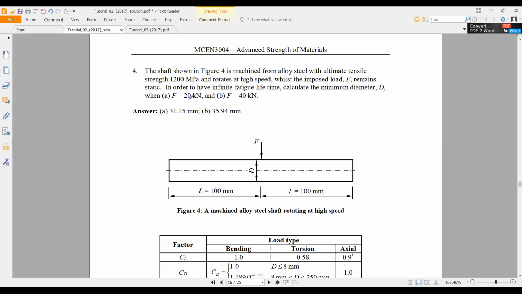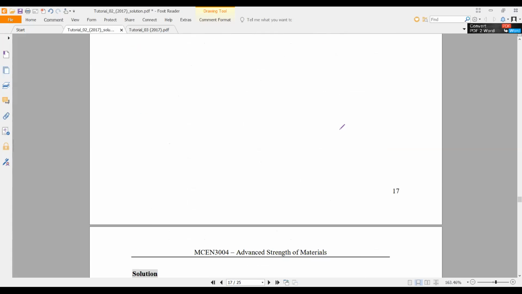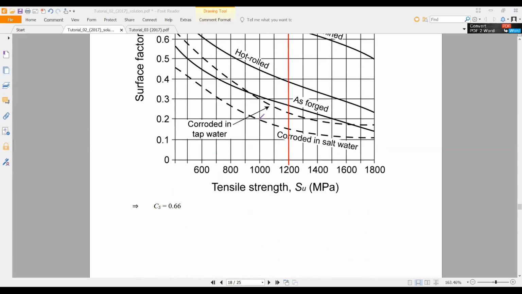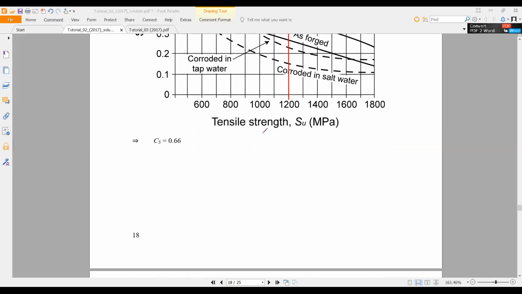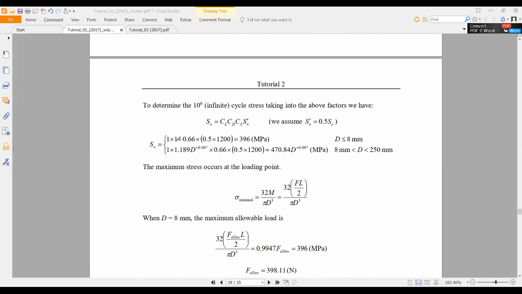With this load, you need to find out the minimum diameter. It is the same calculation, but when you focus on that question, you will get the CL, CD, CS. I'm not going to explain how to get the CD, CS, CL. But when you get the CD, you have to get this function.